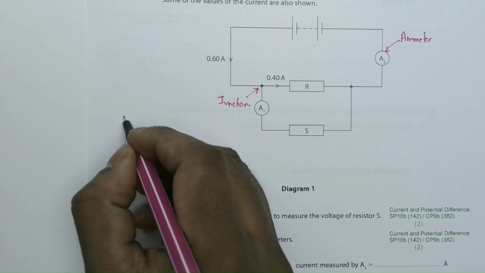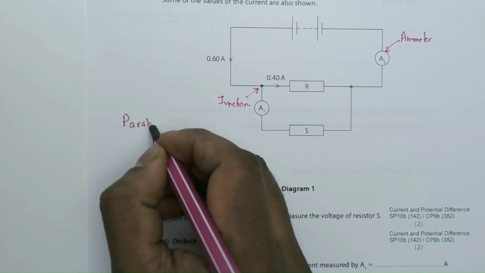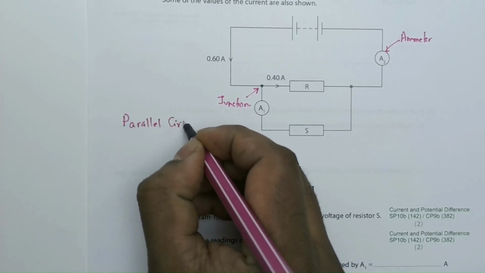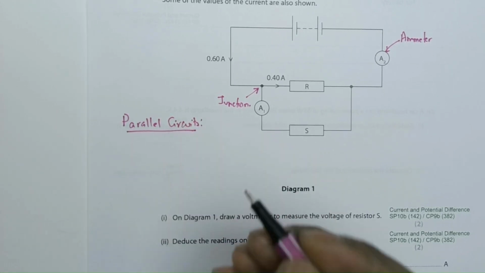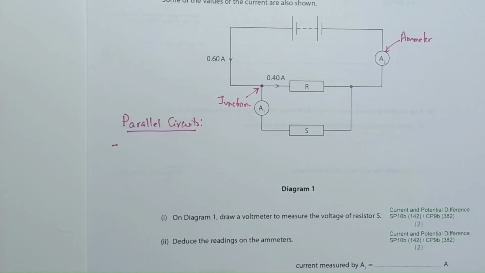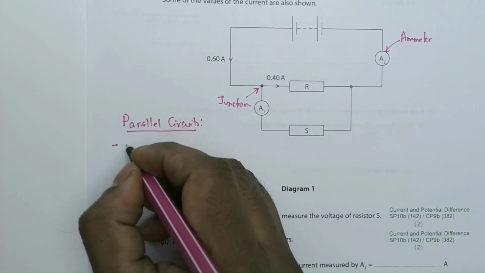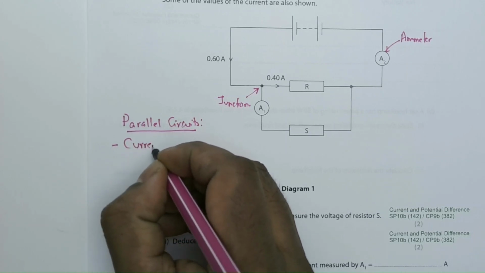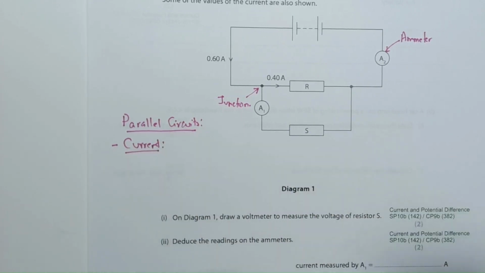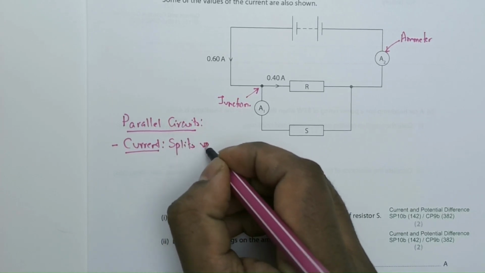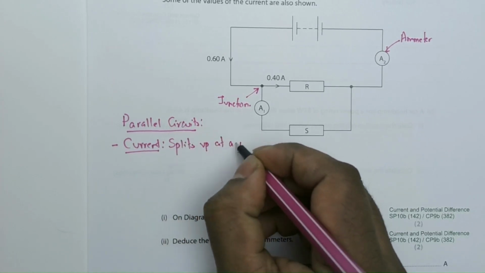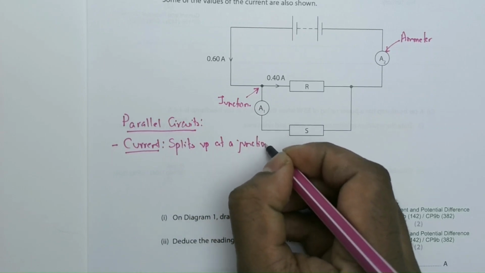Parallel circuits. I'm just going to discuss what happens to the current and the voltage in parallel circuits. So current in parallel circuits splits up at a junction.